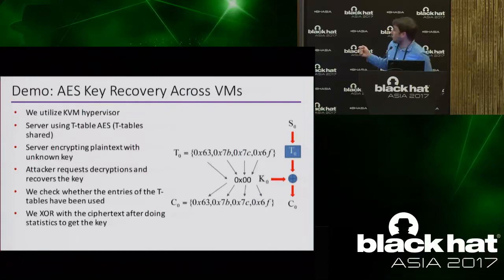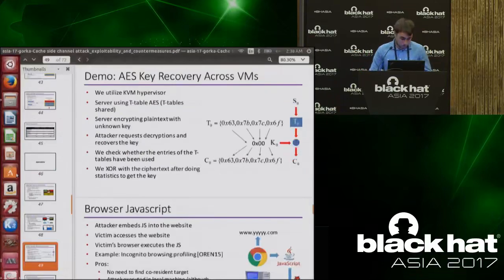The problem is that each cache line holds more than one table entry, so you cannot recover that fine-grained information. But still, if you run statistics, you will see that for certain ciphertext byte values, some table entries will be substantially more frequently used than others. That's what we exploit for the attack.